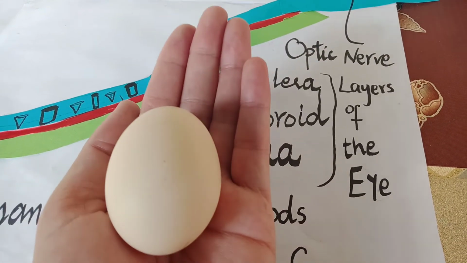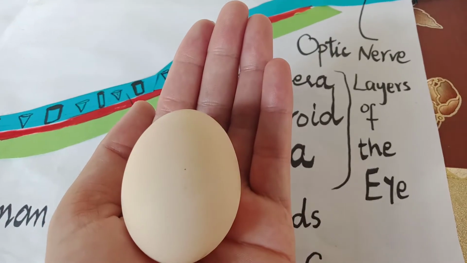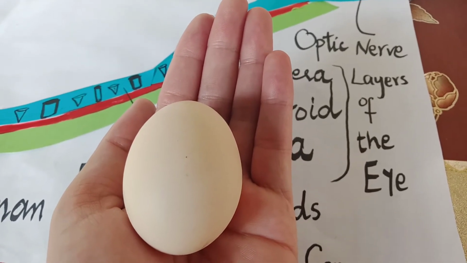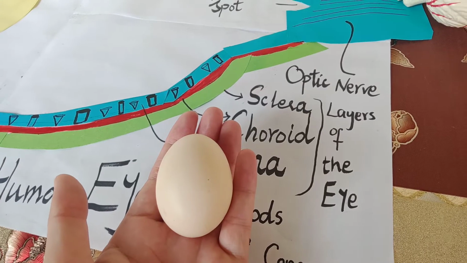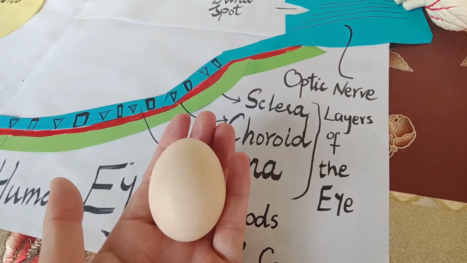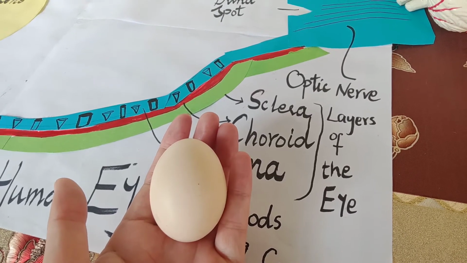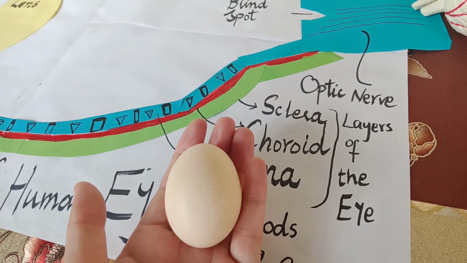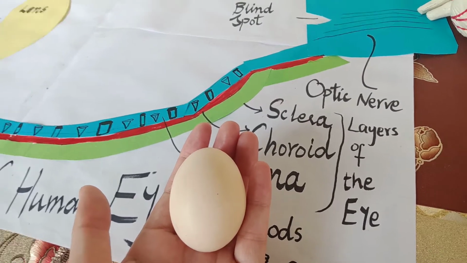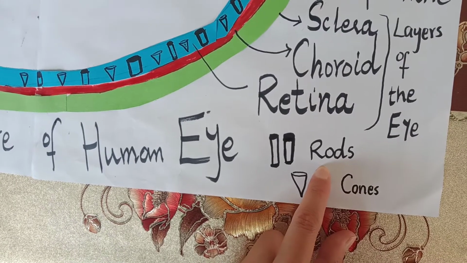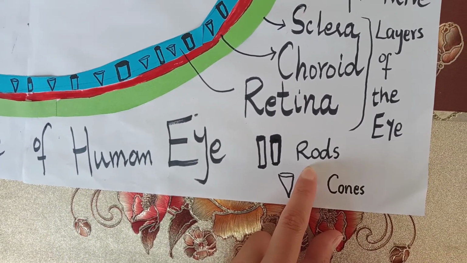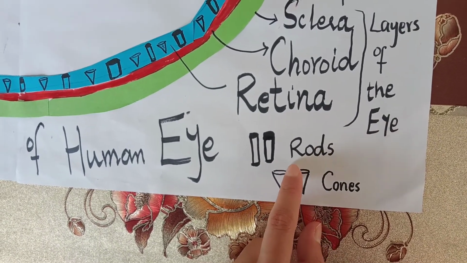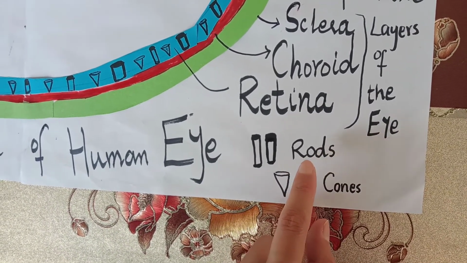Did you know that this egg contains vitamin A, which enables us to see in dim light? When you do not take enough vitamin A in your diet, there will be a deficiency of vitamin A and you will suffer from night blindness. These rods contain a pigment called rhodopsin. When light falls on rhodopsin, it breaks down, generating a nerve impulse.